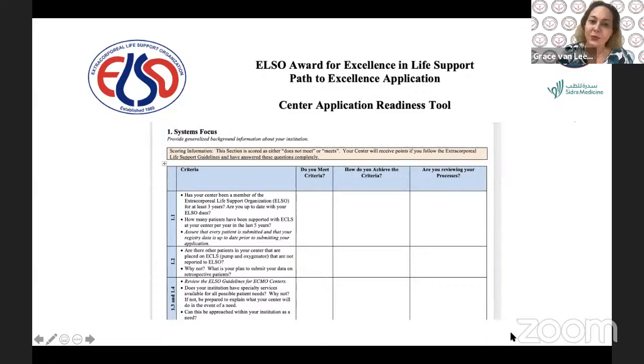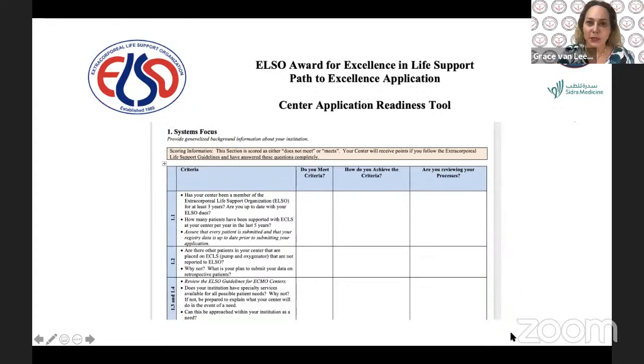Since we started the program, we have tried to achieve all of these. And if you go to the ELSO website and look at what it requires, it doesn't require money. It's not about paying something different or having the most amazing equipment. No, it's all about processes.